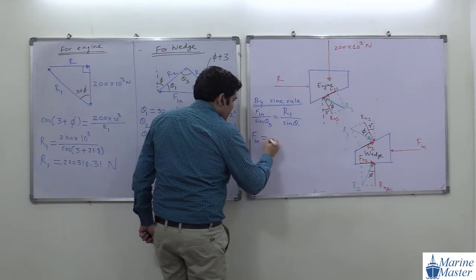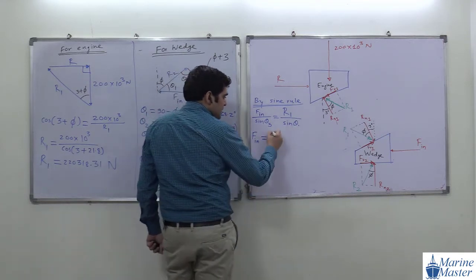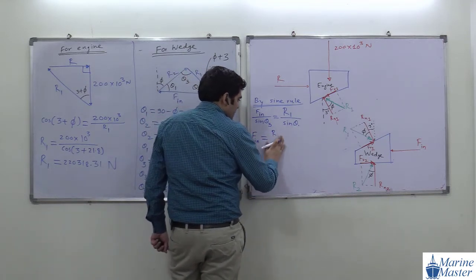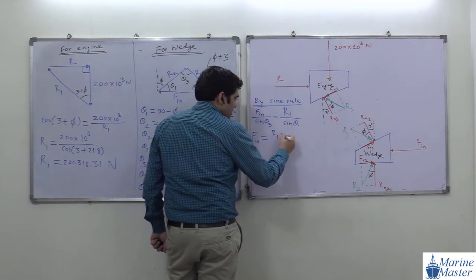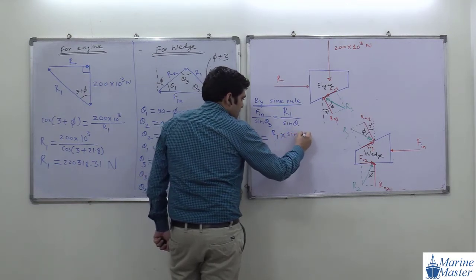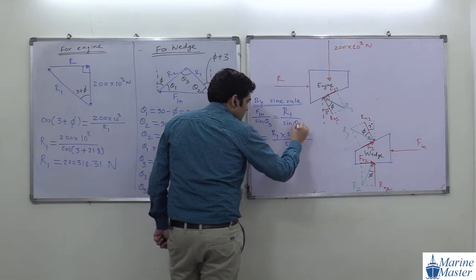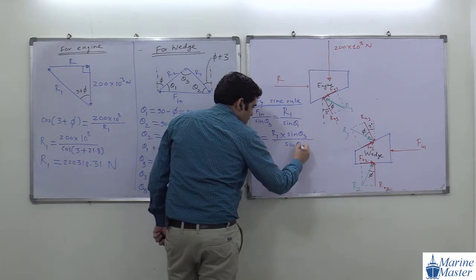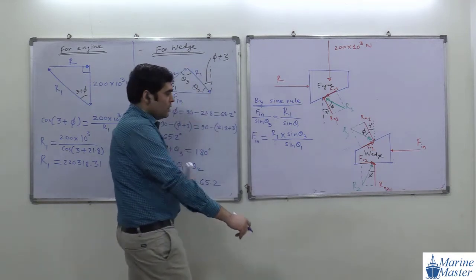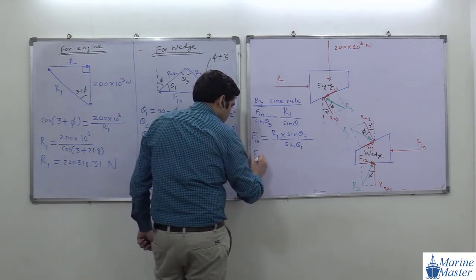Okay. So F in is equal to R1 multiplied by sine of theta 3 divided by sine of theta 1. Okay, good.